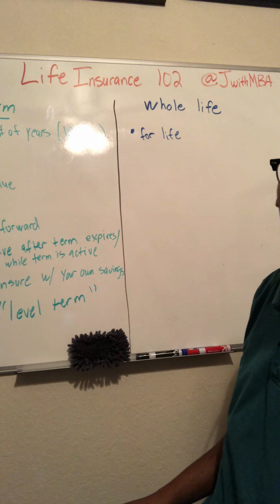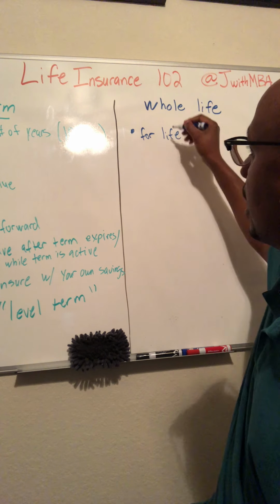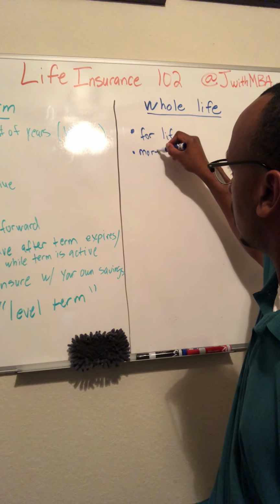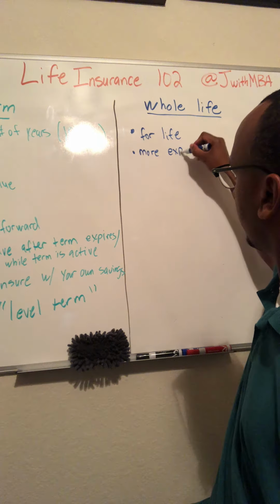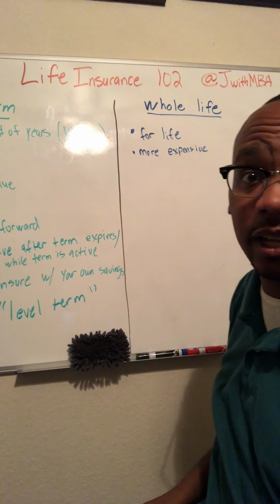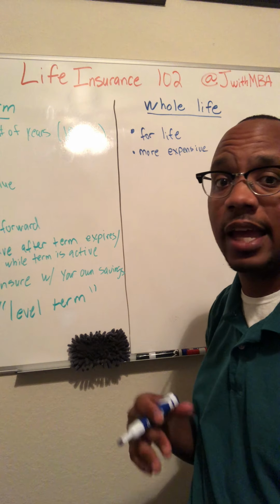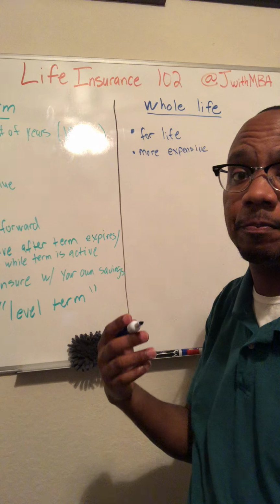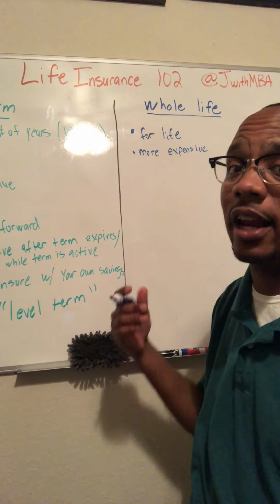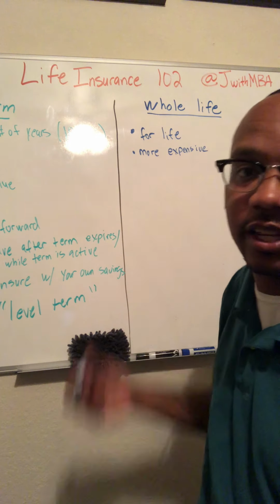Now, the only thing is whole life policies tend to be more expensive than term. 9 times out of 10, your whole life policy is gonna be more than your term. At the same face value, the same benefit amount is gonna be a lot higher on the whole life side than it is on the term side.